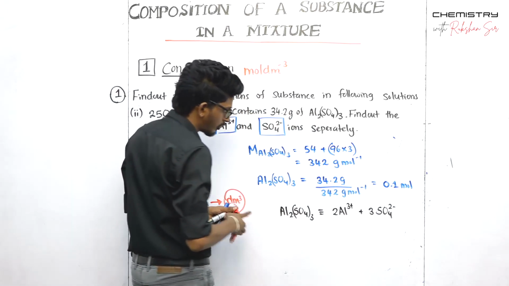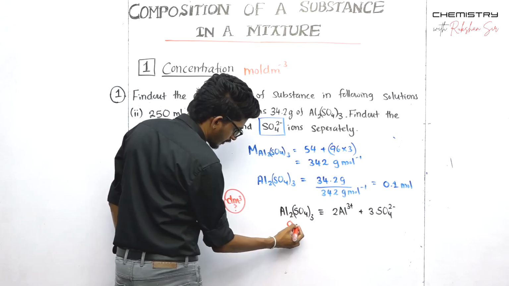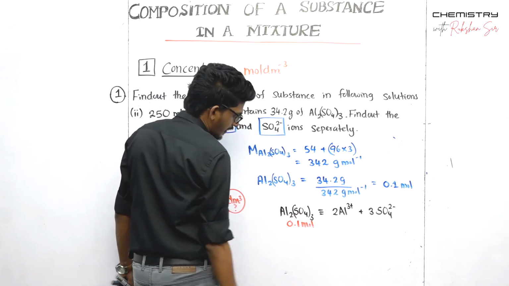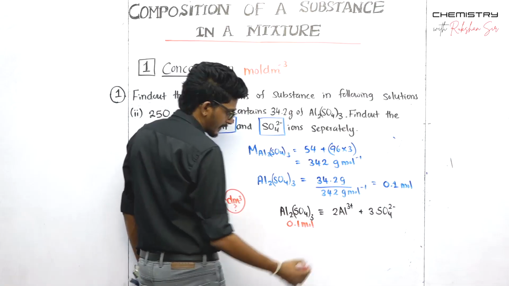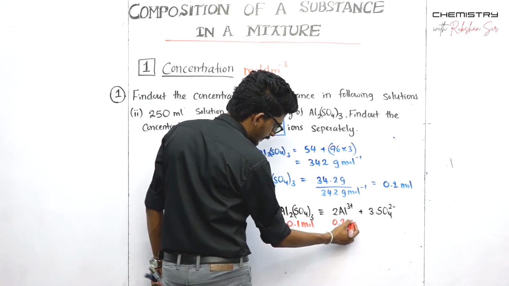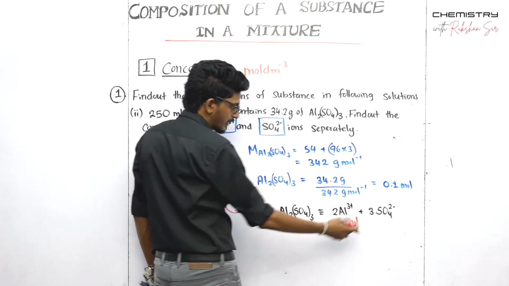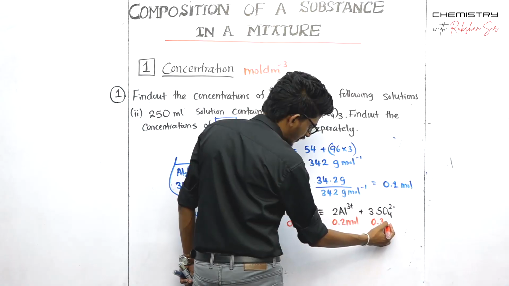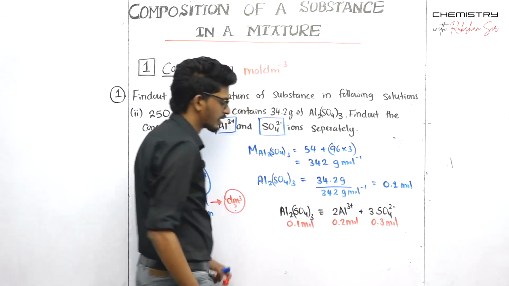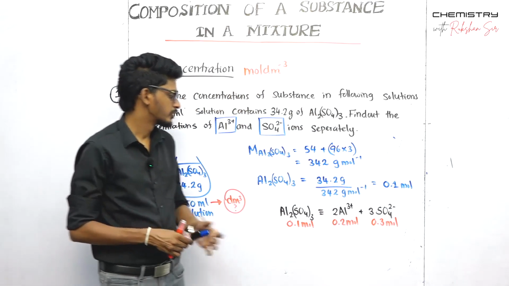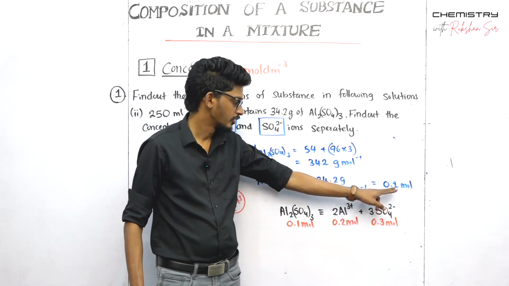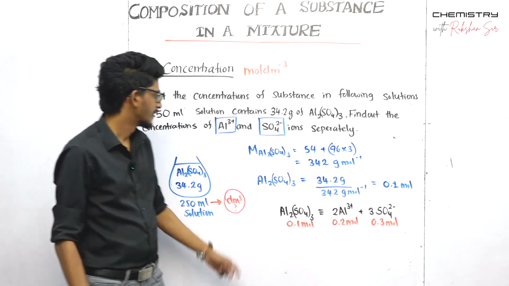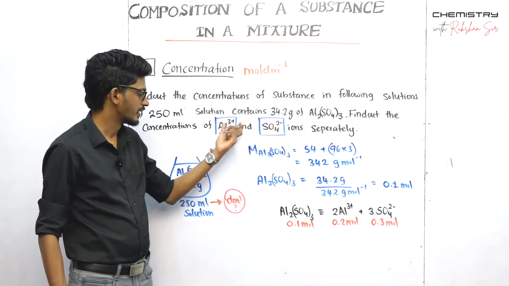As we know the number of moles of aluminum sulfate is 0.1 moles, we can say the number of moles of aluminum 3+ is 0.2 and the number of moles of SO4 2− is 0.3. This is the given data, the known data, and we need to come up with the required data.